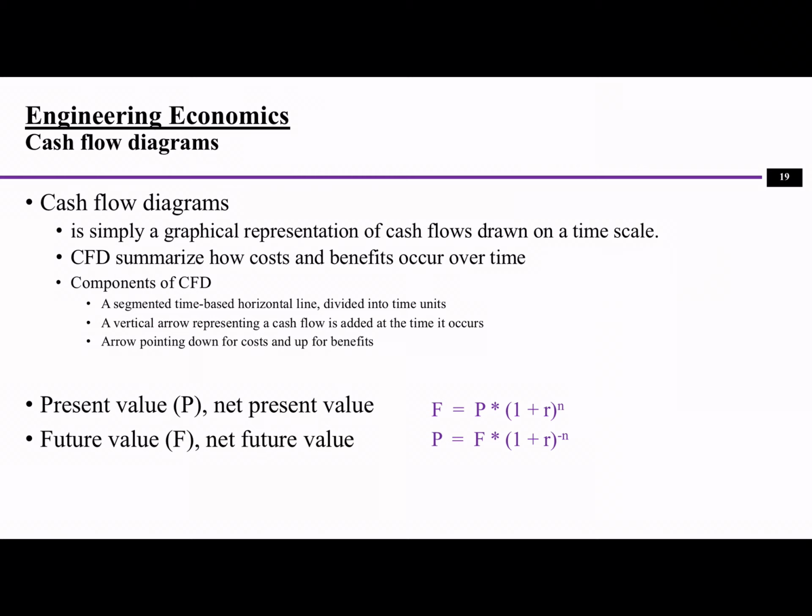It can be years, days, months, weeks or quarters, as long as we know the interest rate, right? The cash flow diagram summarizes all costs and benefits over time. It is composed of a line with time segments and all the inflows and outflows of cash, as well as the interest rate, right?